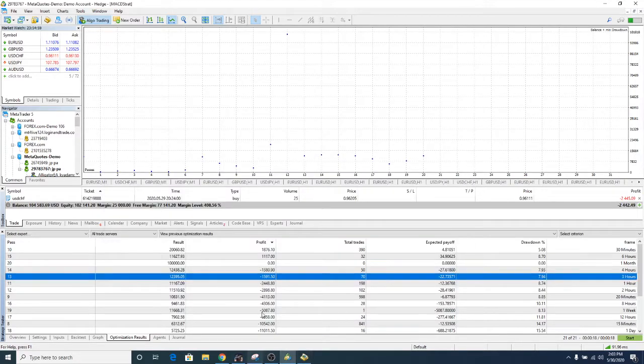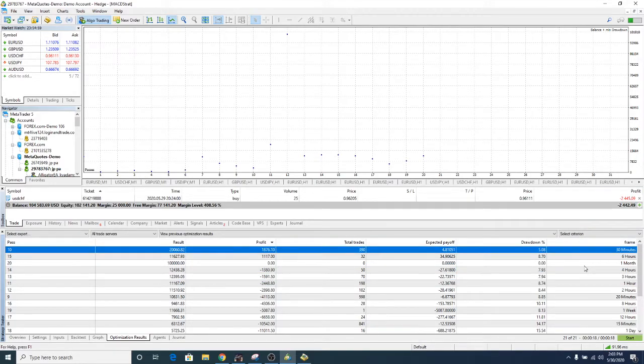Alright, so the results are in, and according to this, the 30-minute time frame was the best. It took a total drawdown of 5.8% on our 100K account, and resulted in a profit of $1,876, roughly around 1%.